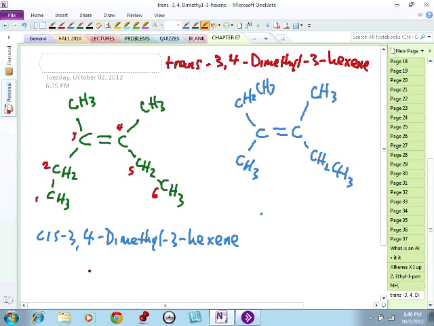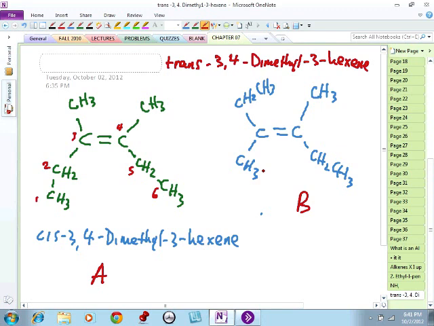Now let us call this, to make things easy for ourselves, molecule A and molecule B. What will be the stereochemical relationship between these two, A and B? Would this be configurational diastereomers? Do you have chirality centers in there? Don't forget, for configurational diastereomers, you must have chirality centers. That is why we call them configurational diastereomers. So these here we call cis-trans diastereomers.